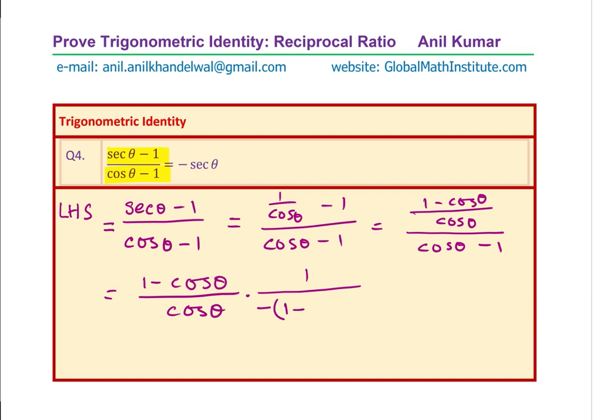And we can write this as 1 minus cos theta. And then we can cancel these. You get the idea? And then we have our result, which is 1 over, with a negative sign, since this is the negative sign here, 1 over cos theta. And this is equal to minus secant theta, which is equal to the right hand side.